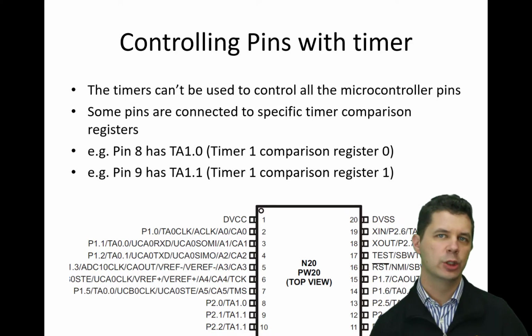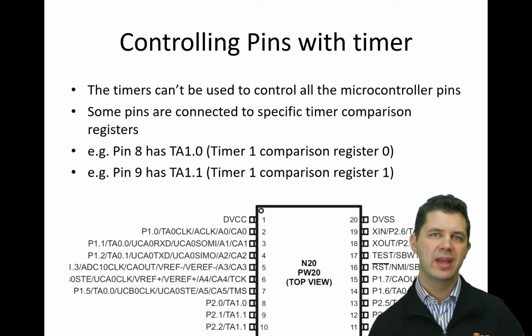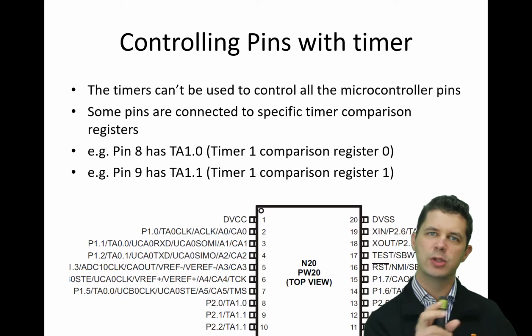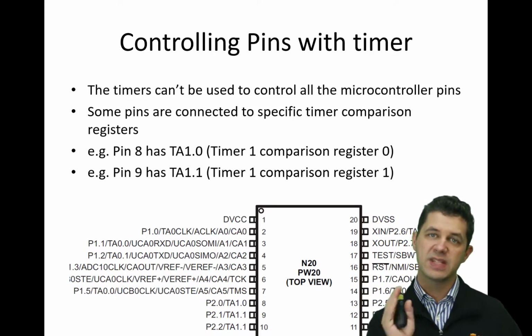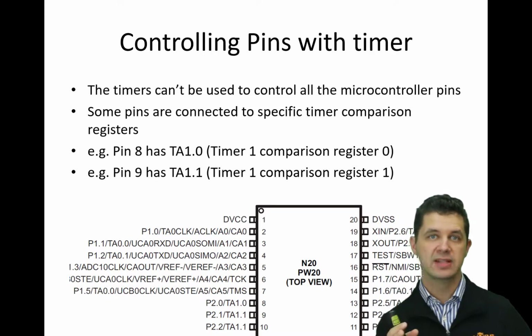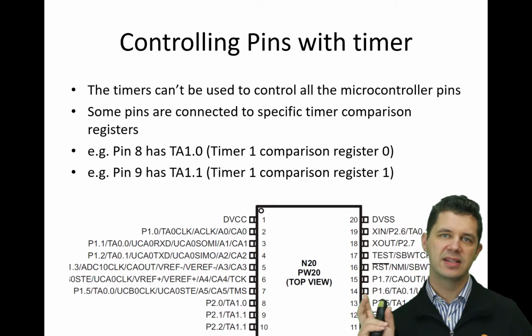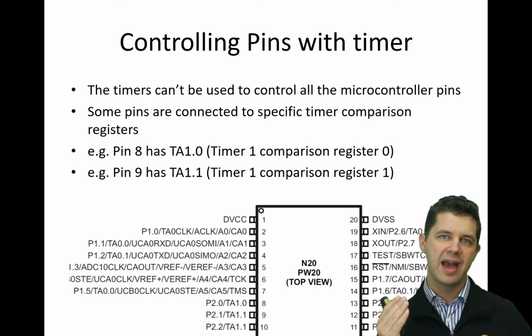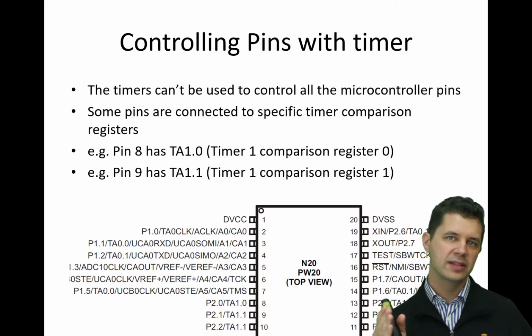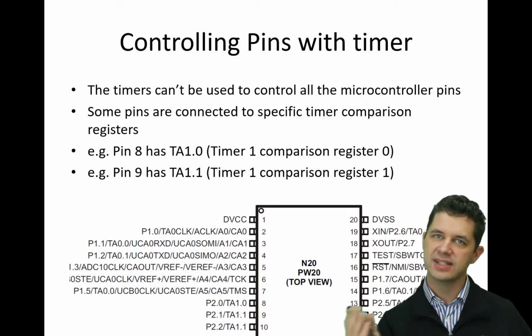So how do we control pins with a timer? We can use them to control some pins, but not all the pins, because specific pins, and not all of those pins in fact, are connected to specific timers. And so you'll see here some of the pins have something that will be written as TA1.0 or TA0.0 or something like that.